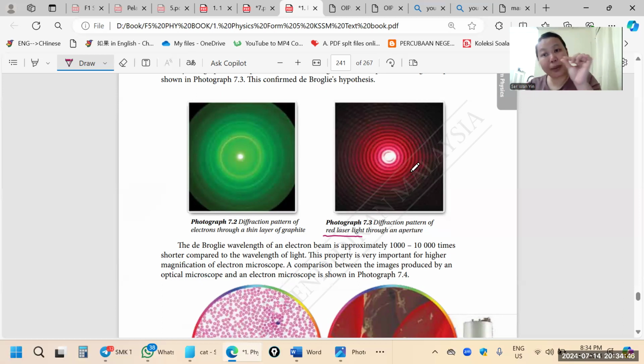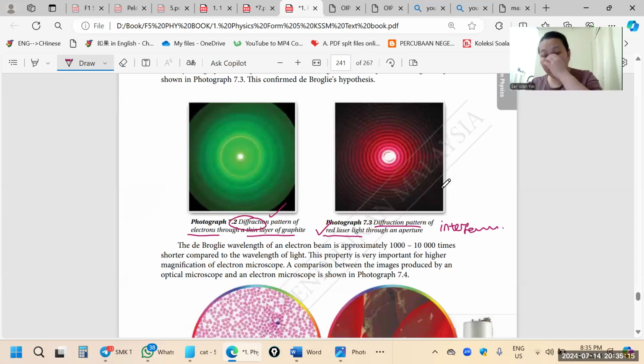When the light passes through a hole, it will change the shape of separation. So he said light can give a diffraction pattern, and also light can give an interference pattern. And he used electrons. The electron passing through a thin layer of graphite also gives out a diffraction pattern.